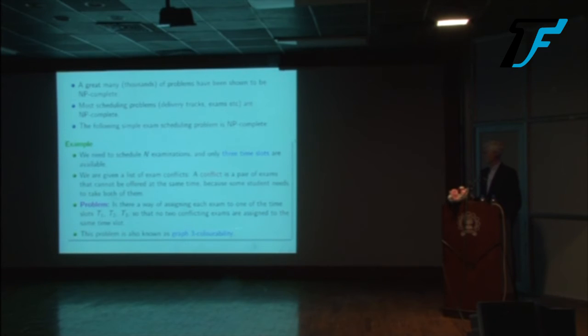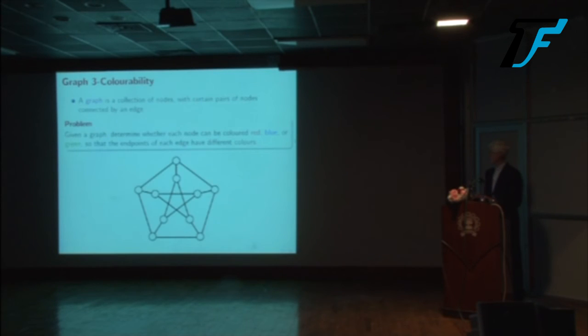In graph theory, this is known as graph 3-colorability. The exams are the nodes of the graph, and the edges are the constraints, and the idea is you assign one of 3 colors, red, blue, green, or whatever, to each node in such a way that adjacent nodes connected by an edge do not have the same color. Is that possible? That's the question.